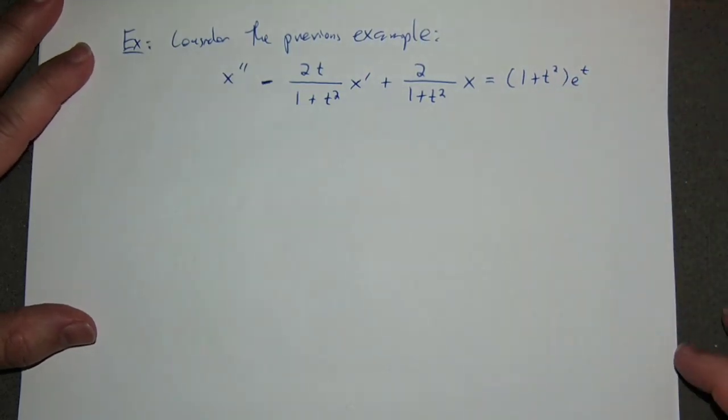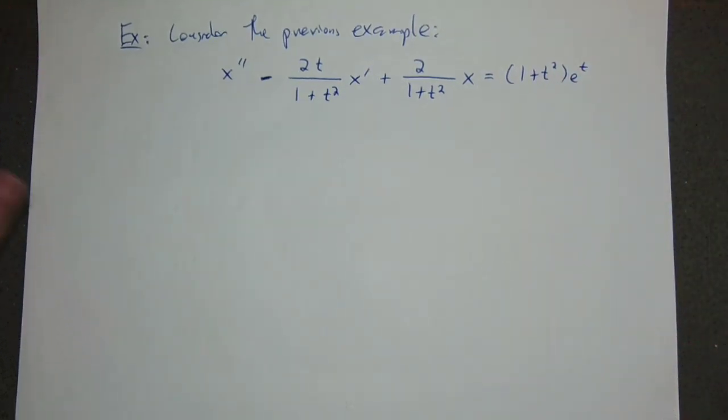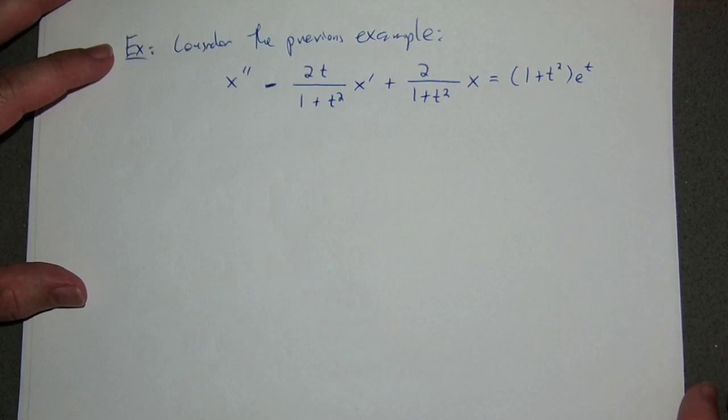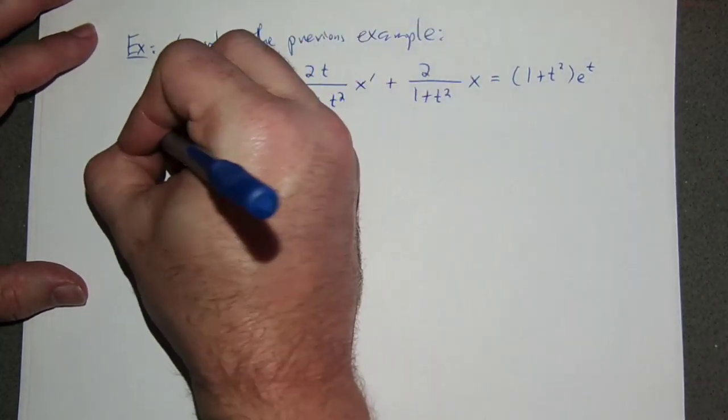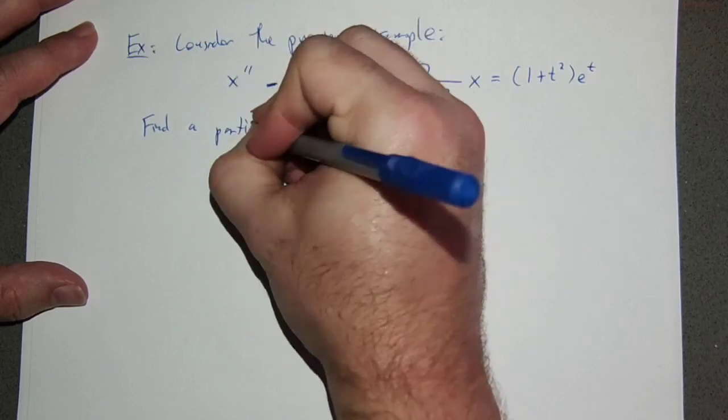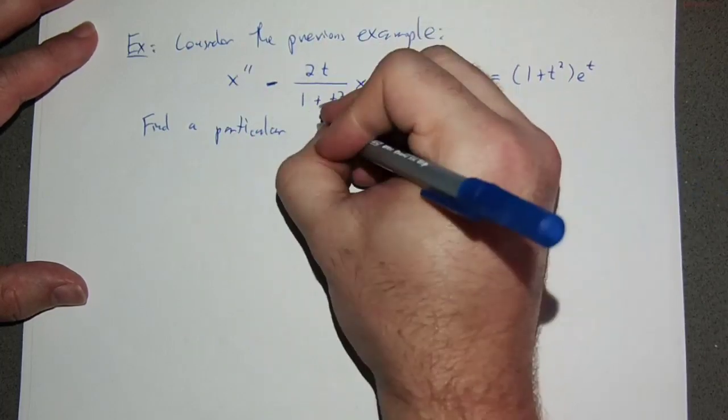Okay, so this was our previous example. Using this example, let's find a particular solution using Green's functions.